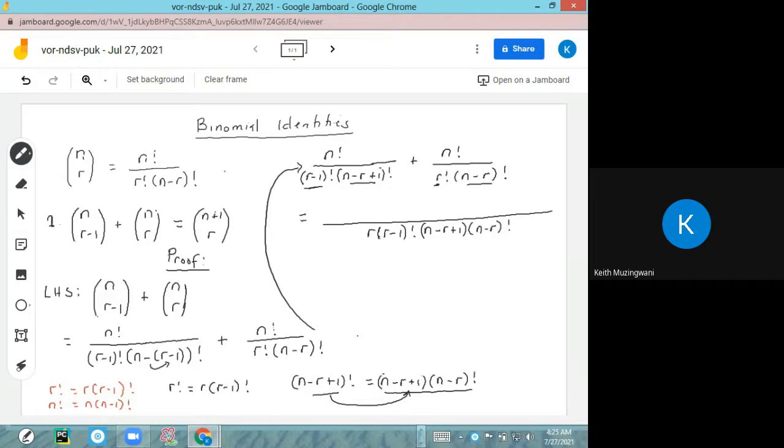We're now dividing. So when you divide by r minus 1, the r will remain, and then this whole thing is just the same as that denominator, the other piece. So we just multiply this by n factorial. Plus the r factorial is just the same as this, so there's nothing there. Then the n minus r leaves this part here. So we have n minus r plus 1 multiplied by n factorial.